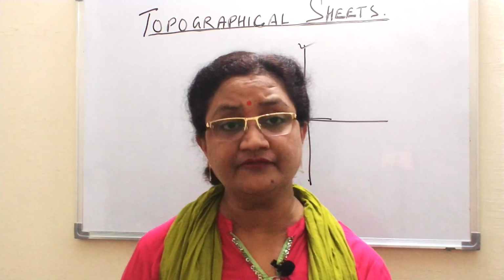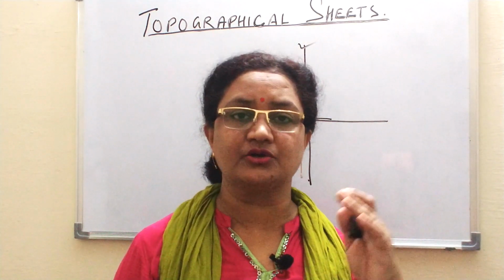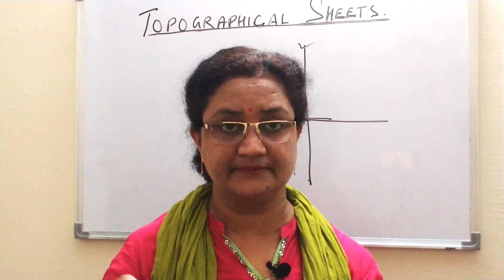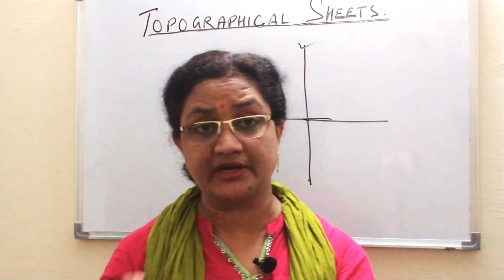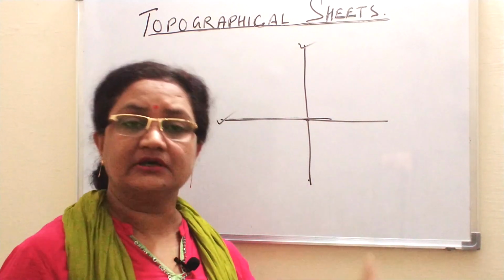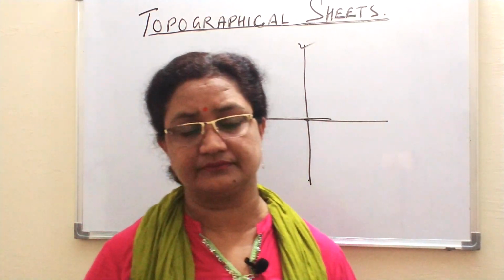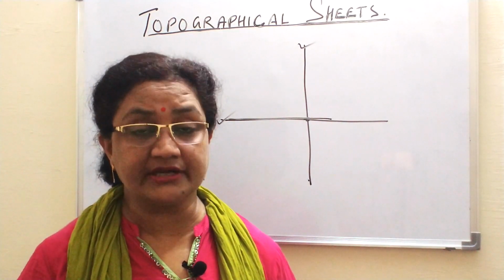Now, topographical sheets are drawn on a large scale. That means it becomes very difficult to locate a place with the help of latitudes and longitudes on topographical sheets. So what to do now? How to locate a place?